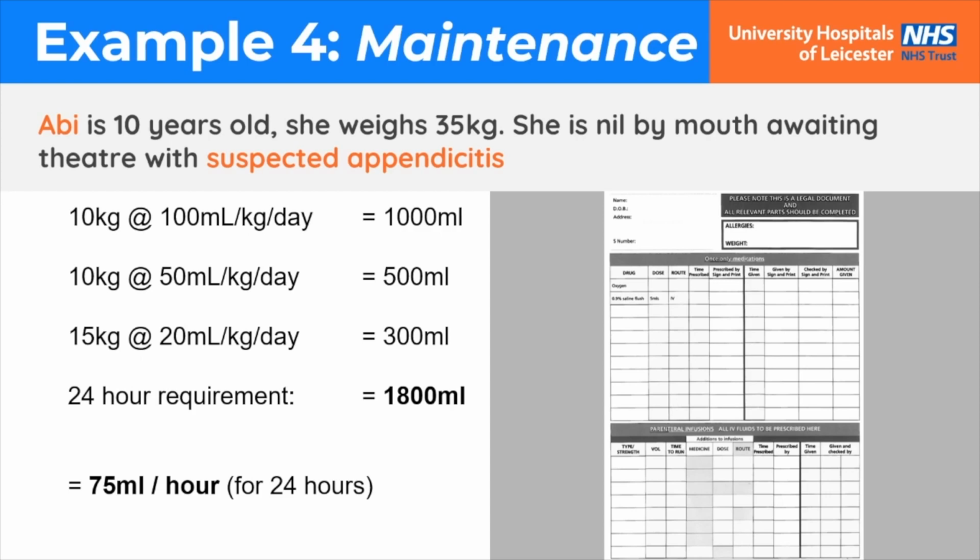And then at 20 ml per kilo for the remaining kilos, that's 15 kilos, generates 300 ml. Adding all that together gives you a 24-hour requirement of 1,800 ml. Dividing that by 24 gives you an infusion rate of 75 ml an hour.